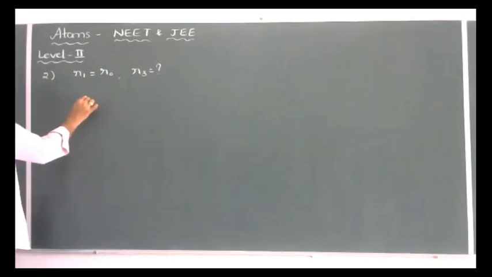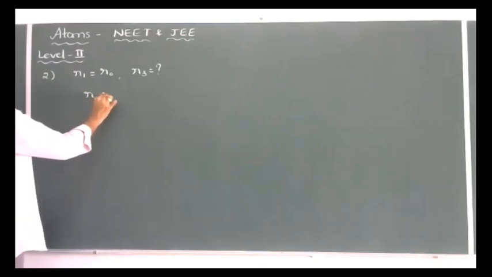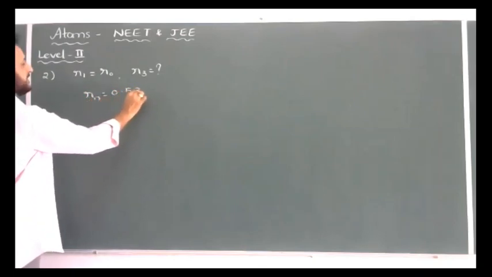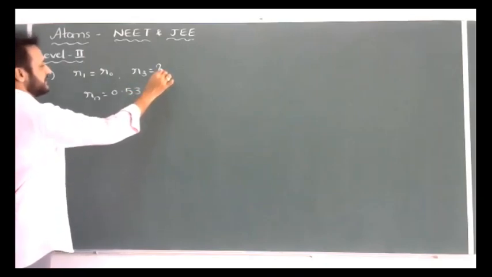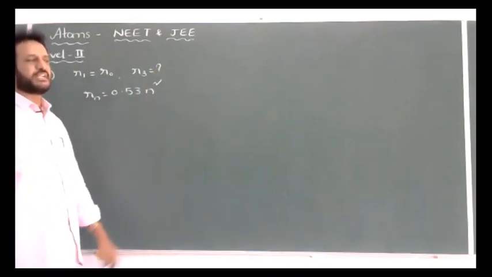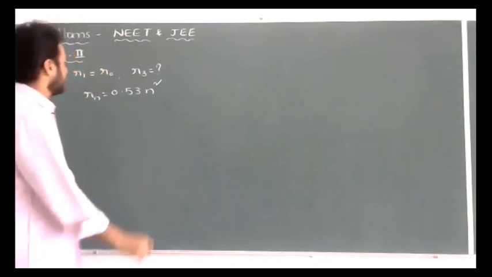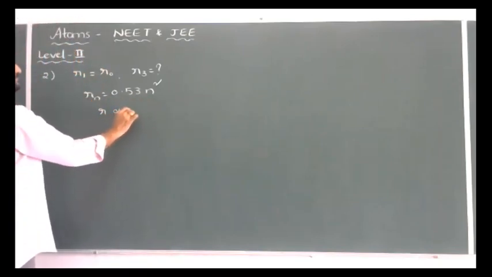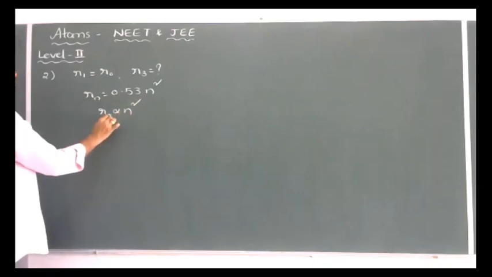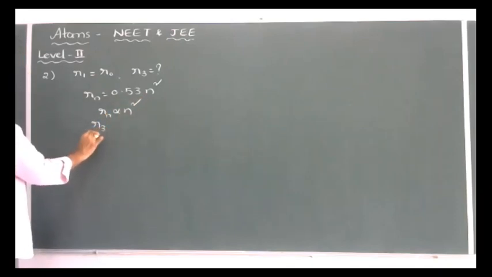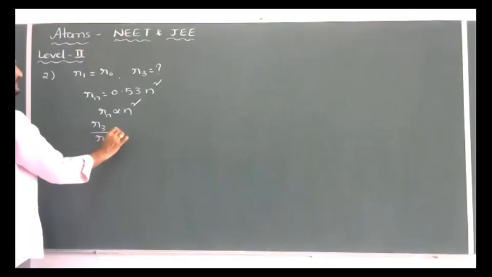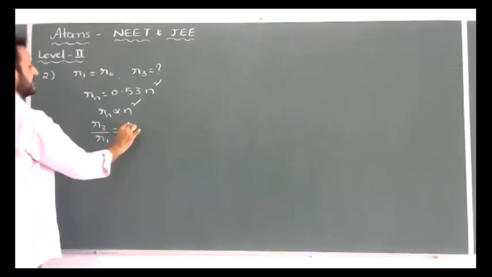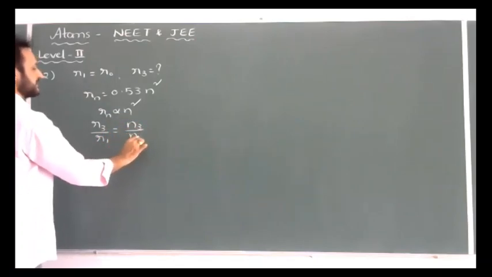Generally the radius Rn is equal to 0.53 into n square by z square. If it is a hydrogen atom, z is equal to 1. So here radius r is directly proportional to n square. R proportional to n square, that implies r of the third orbit by r of the first orbit is equal to n of the third orbit by n of the first orbit, whole square.